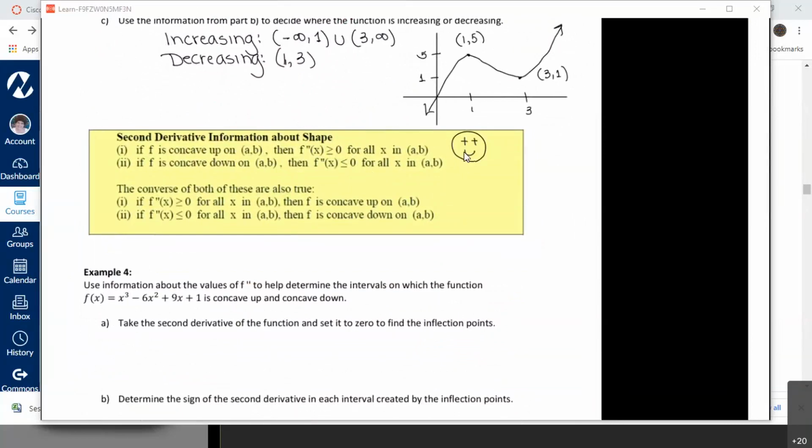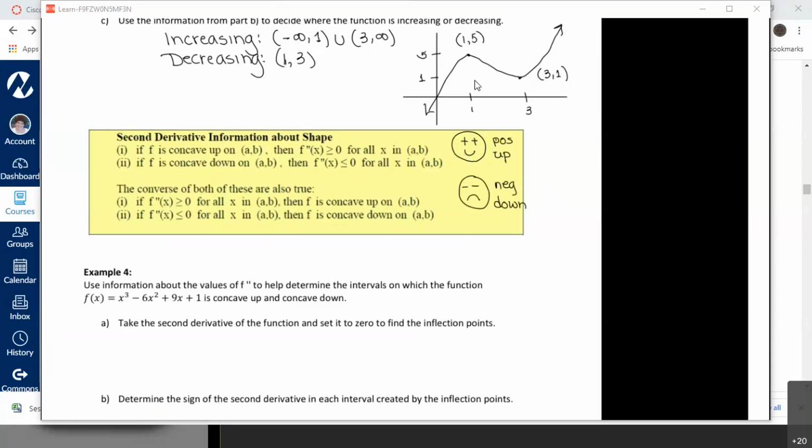The smile is a concave up curve. And if your second derivative is negative, concave down. The frown is a concave down curve. So that's like a little mnemonic to help you remember what the second derivative tells you.